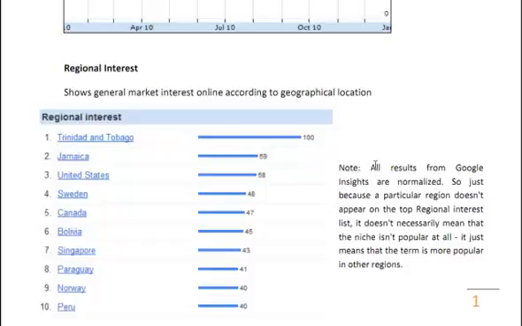As you can see over here, all results from Google Insights are normalized. You can visit the Google Insights website and they'll give you a better explanation. This just gives you a gauge of the general interest and demand, and which top countries have the highest level of demand and interest for that particular niche.